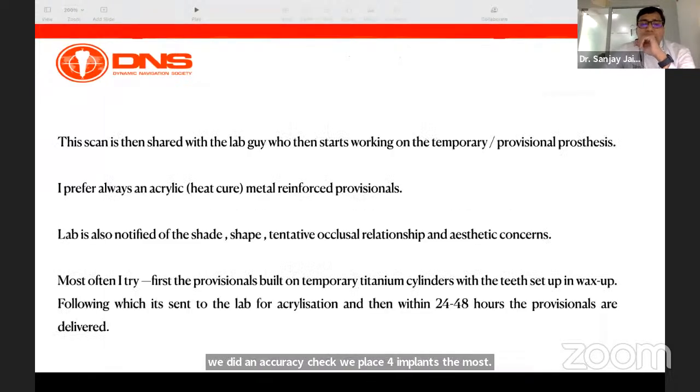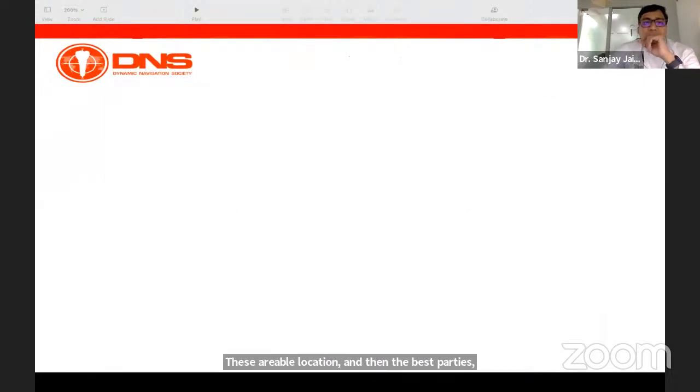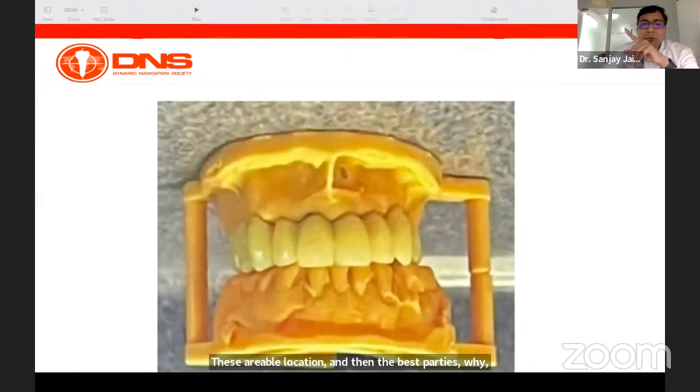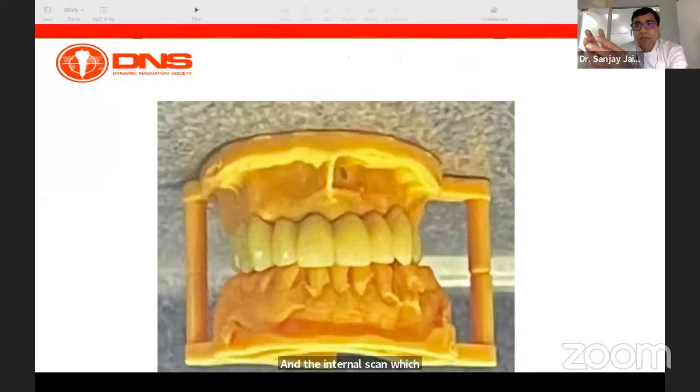And then the best part, why I'm sharing these images with you, is I could get this immediate 3D printed model. Why? Because I had the planned software, I had the planned case in mind. And how did I have this planning? Because I had the DICOM images and the intraoral scan, which helped me select the abutments and the prosthesis before we ventured into our surgical site.